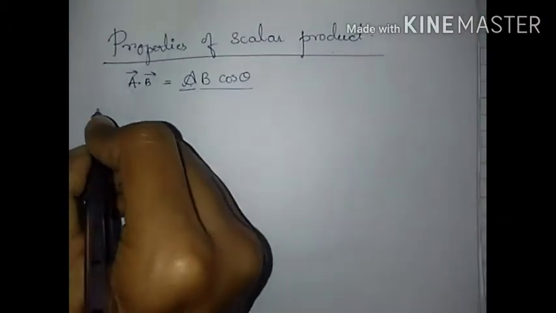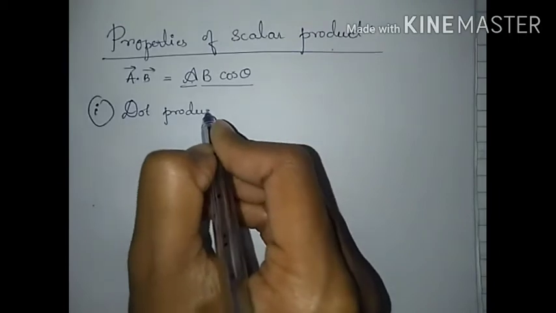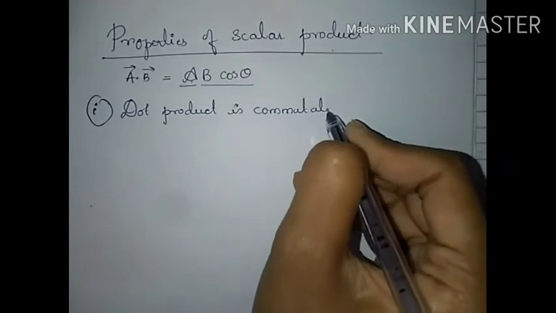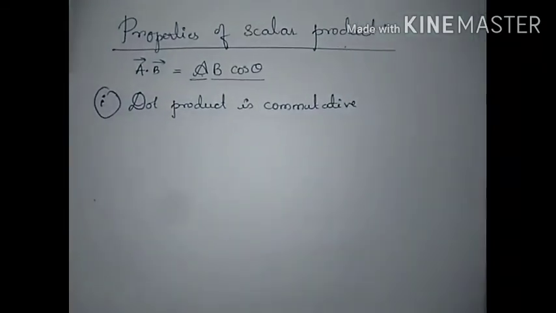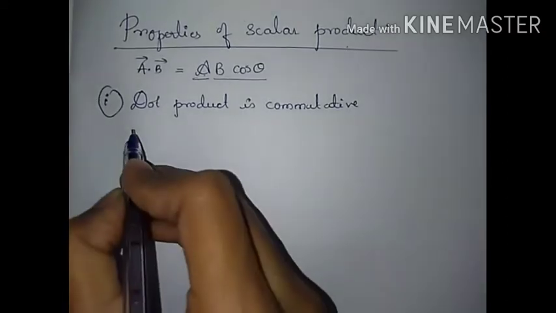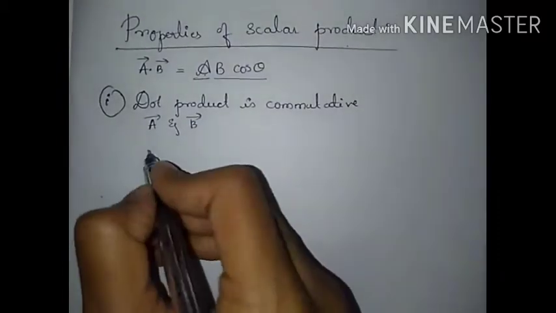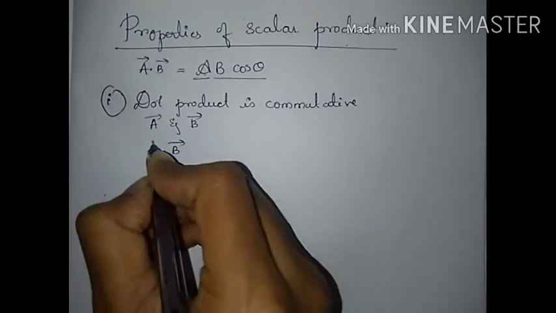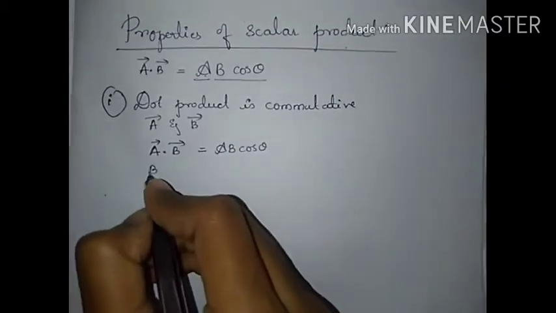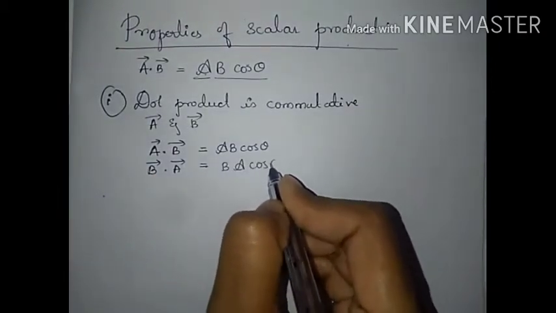So the first property is that the dot product is commutative. By definition, if there are two vectors A and B, then the dot product A dot B is equal to AB cos theta, and B dot A will be BA cos theta.